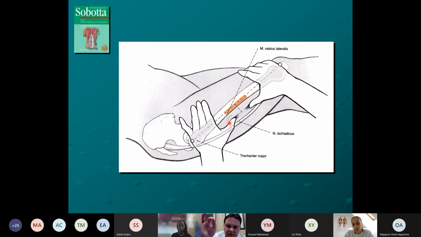This is one of the basic things a doctor can do treating a patient everywhere in the world, even in the jungle somewhere, on an expedition with a scientific team, when somebody has some problems and you are the doctor of that expedition. You have to be able to give an intramuscular injection. Where you put it, that's the question. And the Sobota demonstrates that if you put it in the thigh, you should put it laterally, in the vastus lateralis.